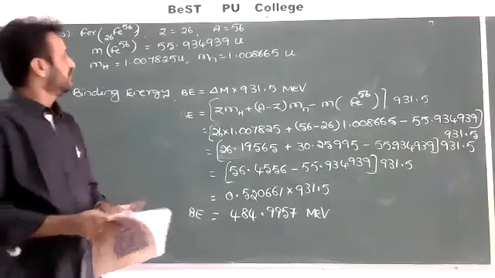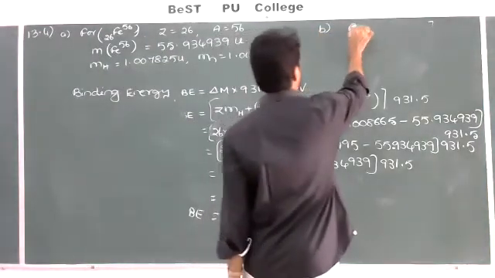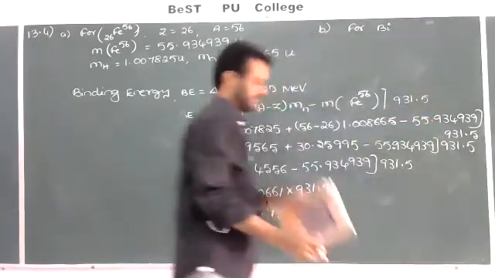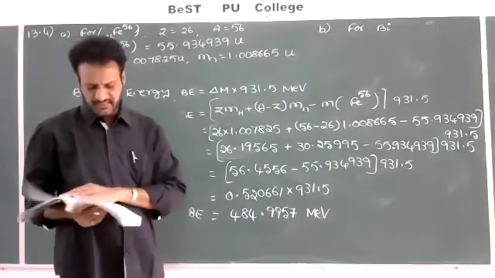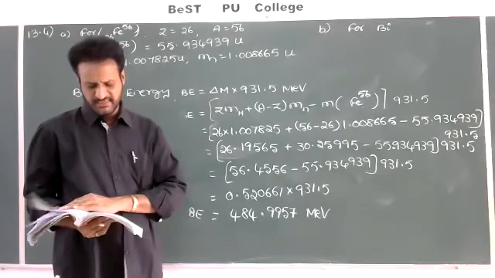That is the question. Now the second one, in part B, they have given bismuth, with atomic number 83 and mass number 209.